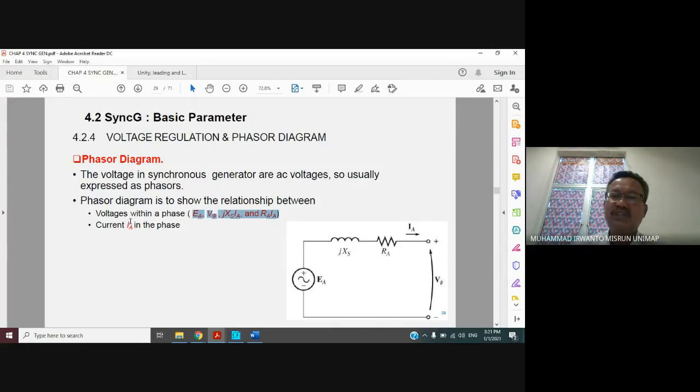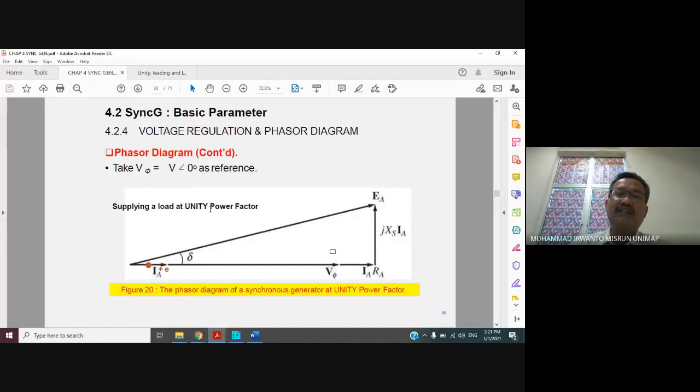I repeat again. The type of the phasor diagram is related to the cos theta or power factor, and that is related to the type of the load.